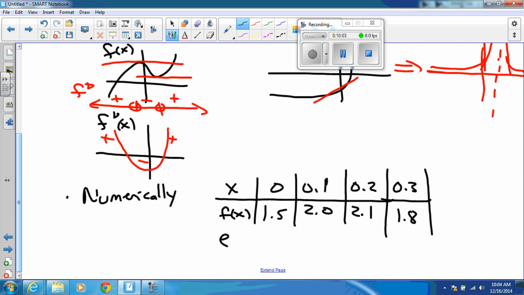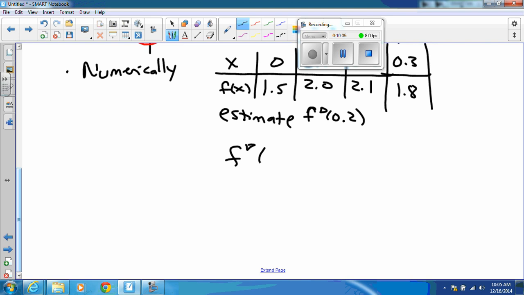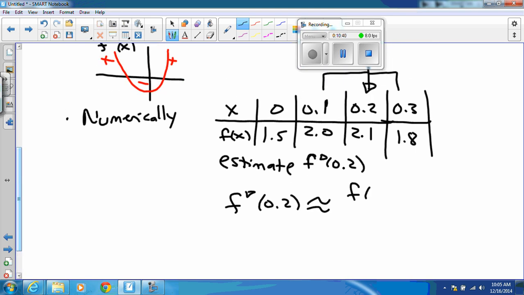And I now ask you to estimate the value of f prime of 0.2. Then we're going to think of this as a slope, right? And we're going to use the smallest possible delta x that we can. The most accurate is a delta x that is on both sides of the 0.2. Here is my x equals 0.2, and I'm going to take a slope using 0.3 and 0.1.